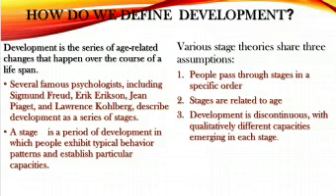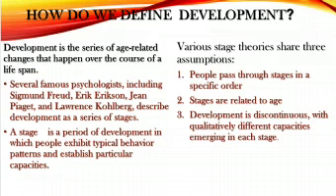So what is development and how do we define it? Well, it's defined by different theorists in different ways, but basically mean the same thing. And most define it as a series of age-related changes that happen over the course of a lifespan.